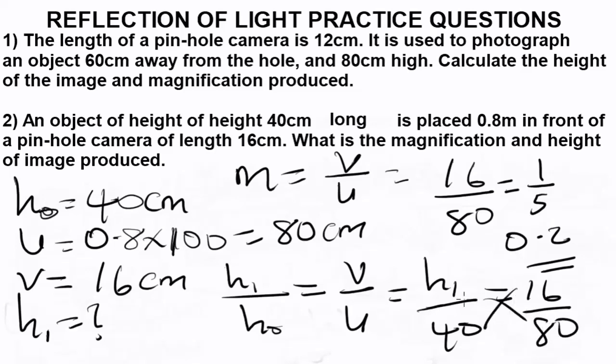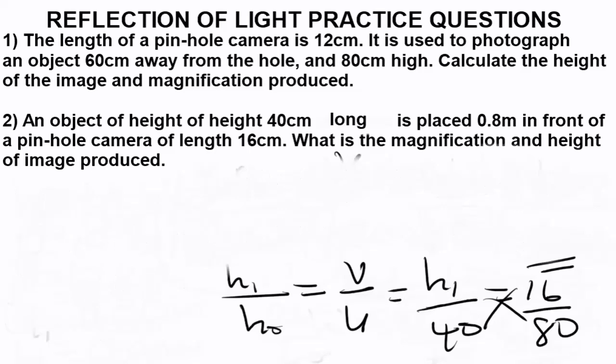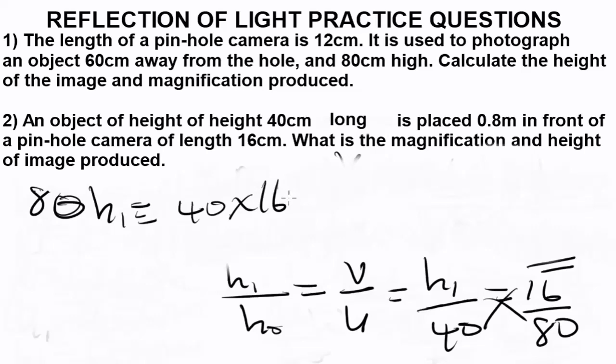When you cross multiply, we're going to have 80 HI equals 40 times 16, which will give us 640. To make HI the subject of the formula, divide both sides by 80.